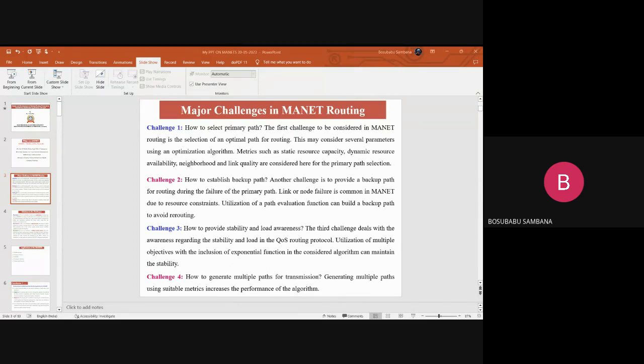Next, the proposed backup route establishment of quality of service routing protocol in MANETs. The diagram will represent how to interact from the initial way to the end of the protocol services. Next, the primary path by the genetic algorithm based routing protocol.